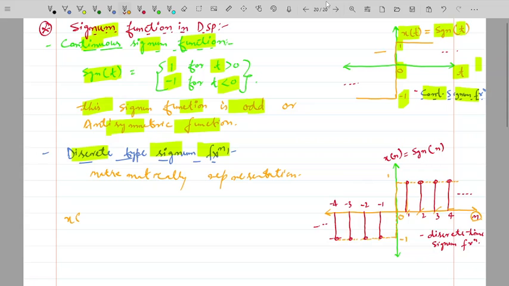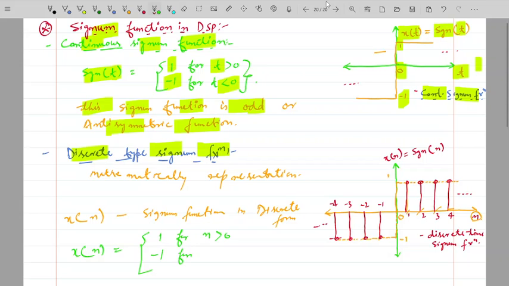So x of n represents the signum function in discrete form. x of n is equal to 1 for the values of n greater than 0, and equal to -1 when the values of n are less than 0.